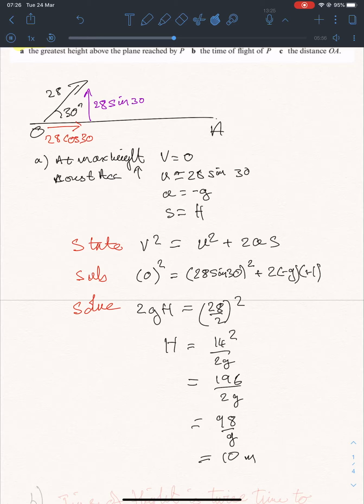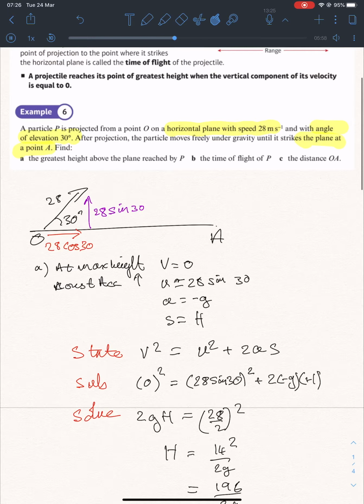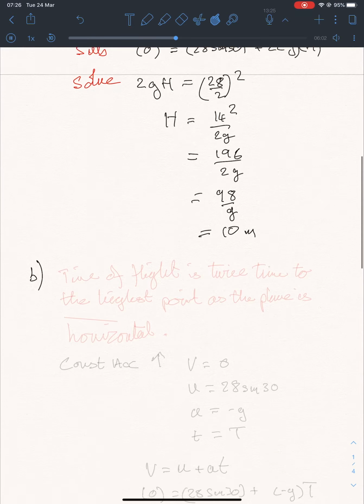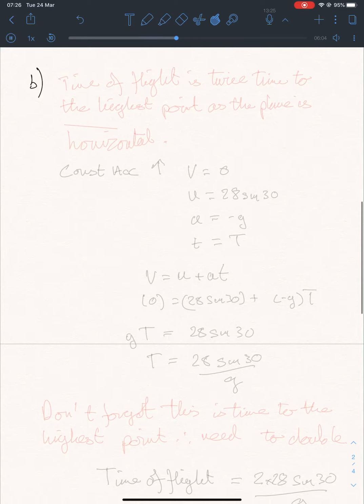The time of flight, part B. Again, key things to think of at the time of flight. Because we finish at the same height that we leave, the time of flight is going to be twice the time to the highest point.